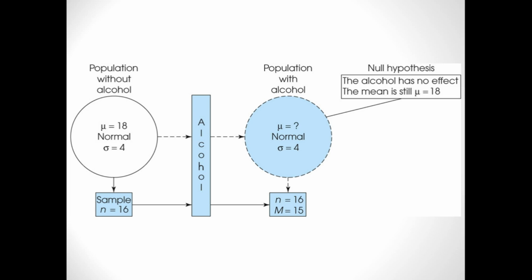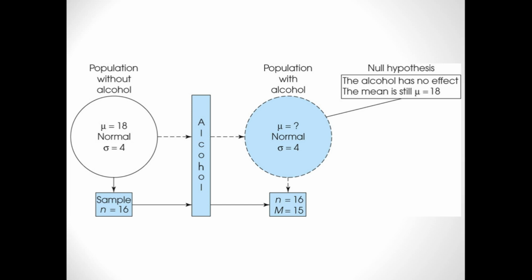We also have a population with alcohol. We have the mean on that normal distribution and the standard deviation of 4. The null hypothesis in this case is that the alcohol has no effect. The mean is still 80. We will test this hypothesis.